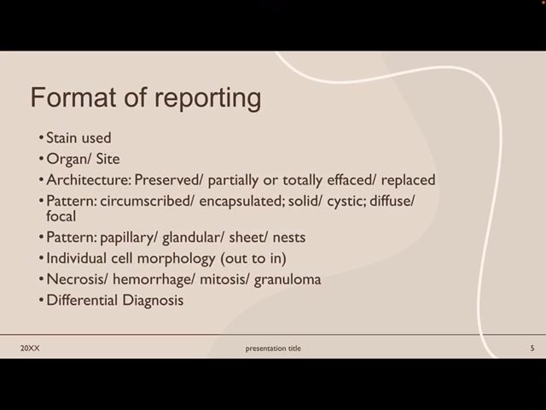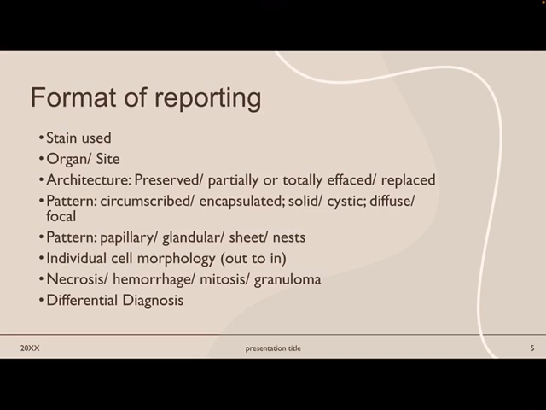You see that I'm coming from out to in. You describe the normal organ, where it is replaced, and in that place whether it is solid or cystic, then inside whether it is papillary or glandular, and then inside that the individual cell morphology. In that also, go from out to in.